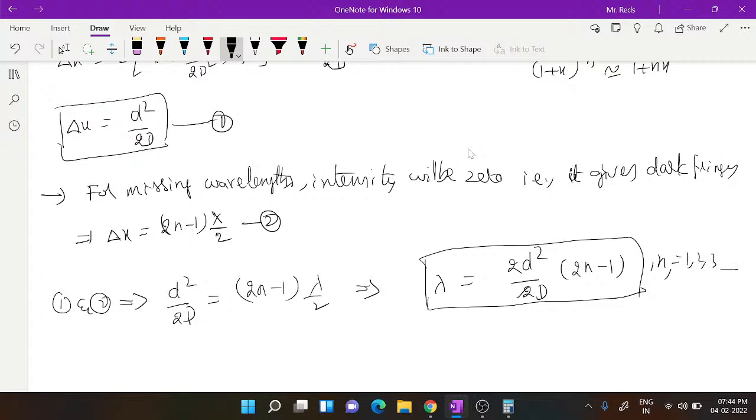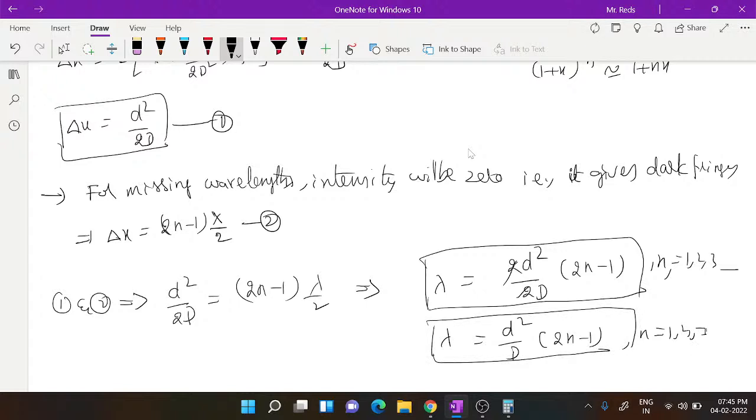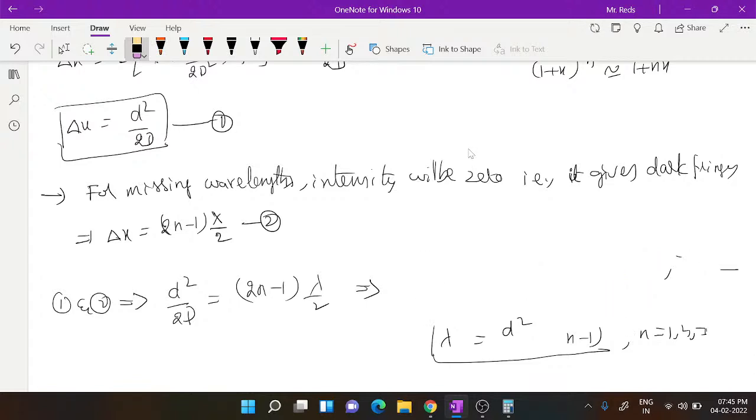Sorry, it's a small mistake again: not in the numerator, you have to get this in the denominator.